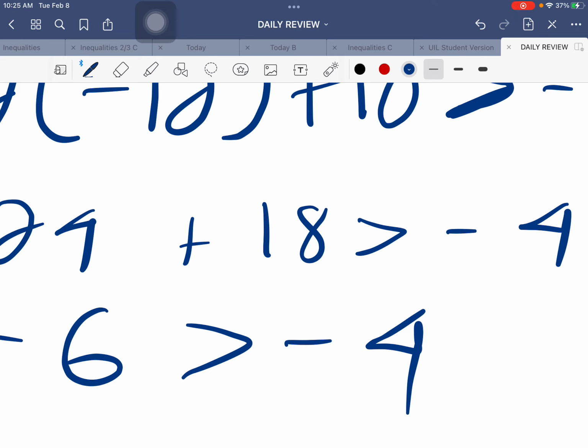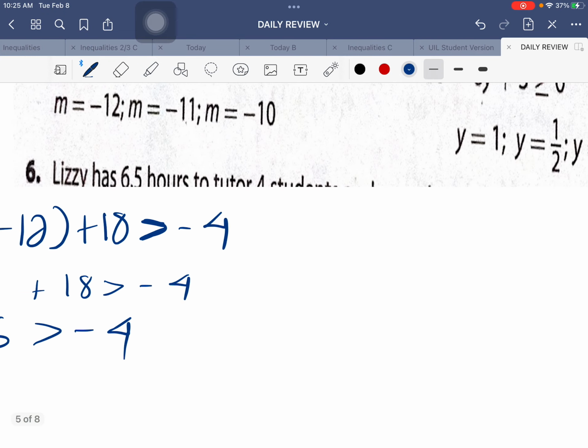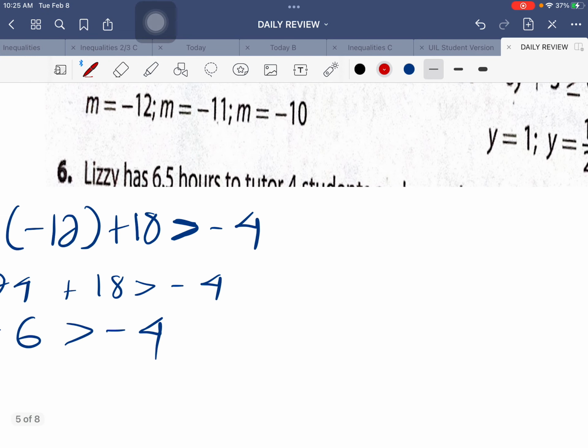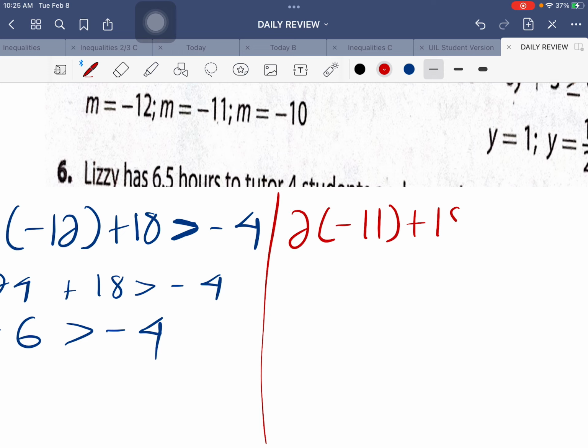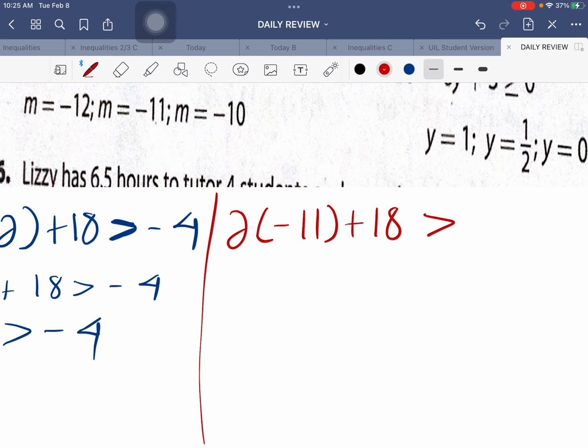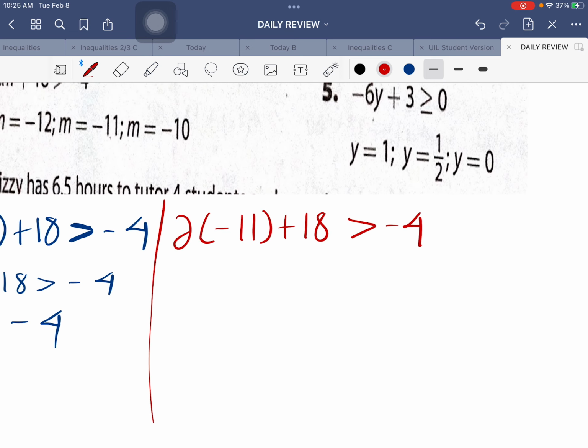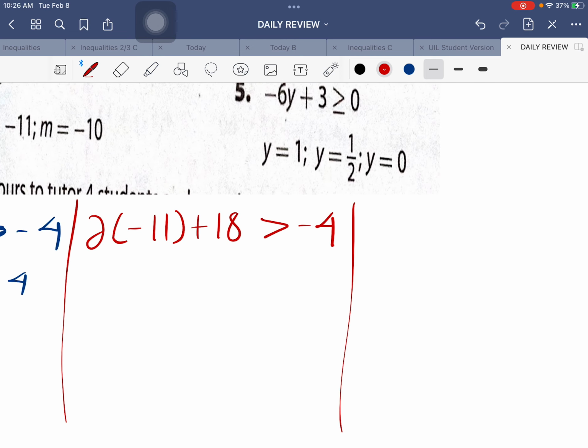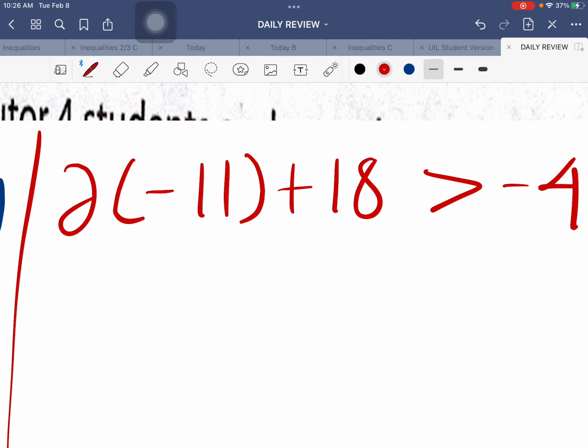Now, this is for that one. What about this one over here? 2 times negative 11 plus 18 is greater than negative 4. What's 2 times negative 11?